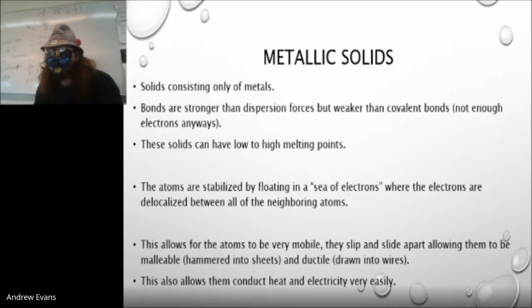Also, because they are not stuck in one place, they're able to conduct heat. They're able to vibrate against each other and transfer heat very easily. Because the electrons are not stuck in one place, they can conduct electricity very easily. Metals conduct electricity because, when you're running a current through it, you have to move electrons through.